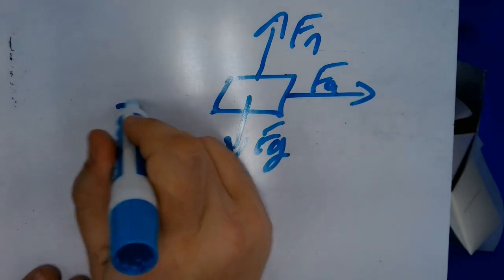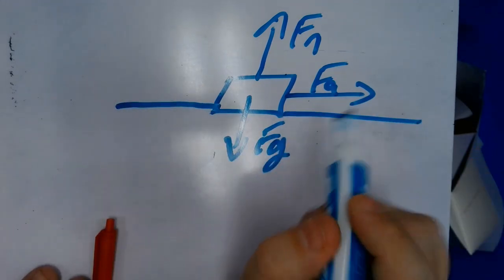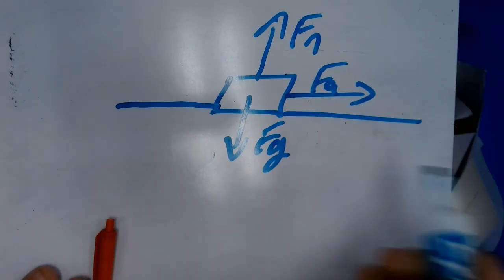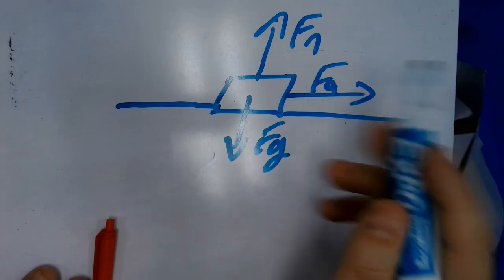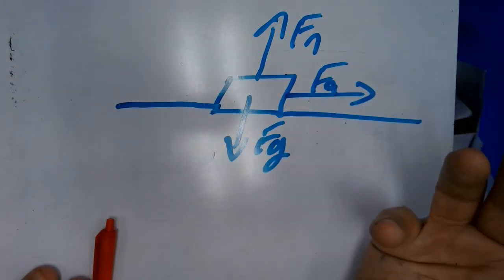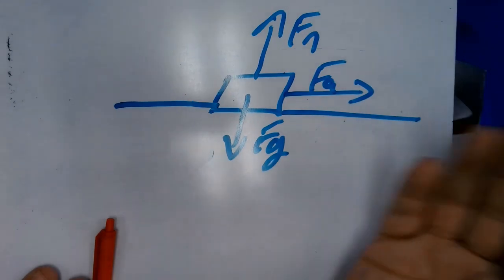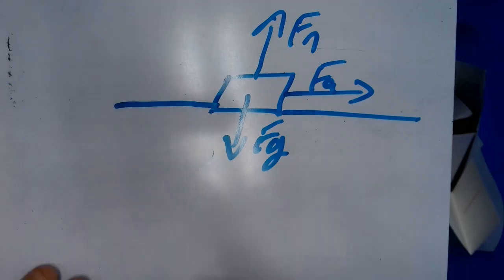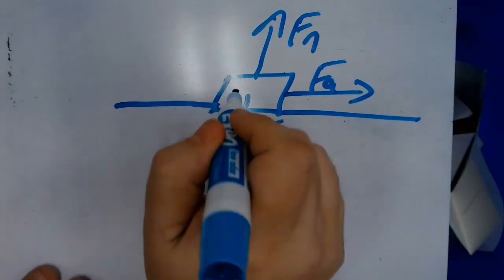So if our surface is here, this force normal is the surface pushing on our object and counterbalances gravity. If it's a straight line like this, it is opposite. If it's at an incline, then it will still be perpendicular, and the math gets a little harder to do. So for right now, we're just going to focus on a straight line surface like this.